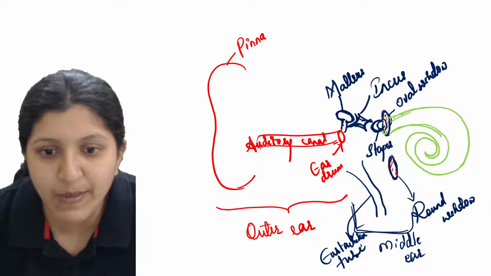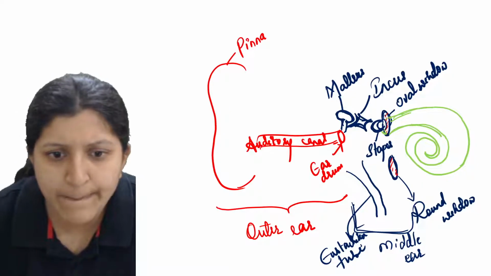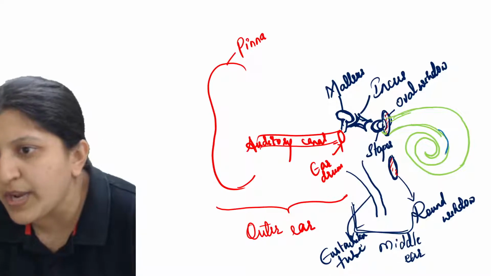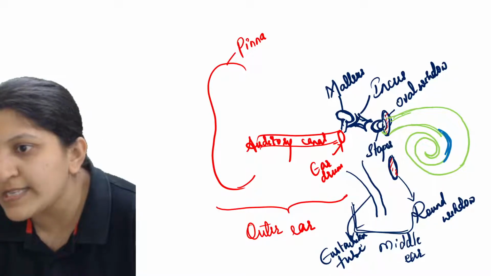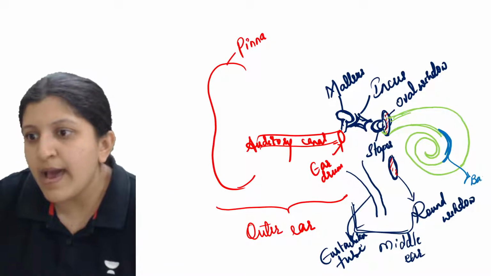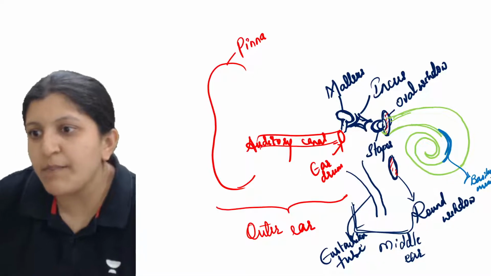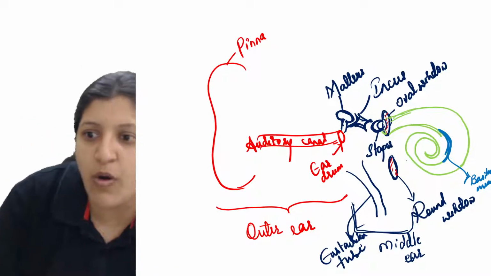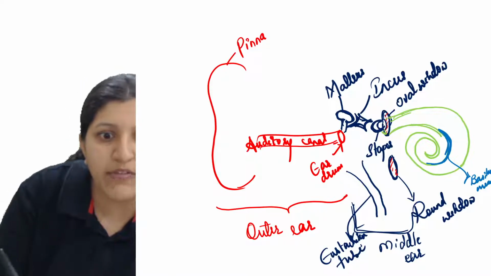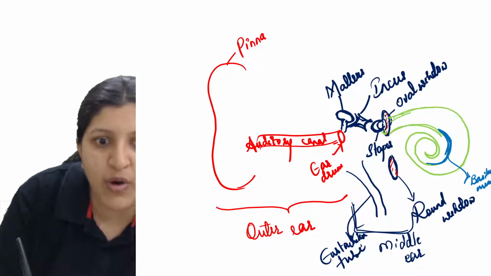So let me just label this. Here it is. Just a second. So here you see this membrane. So this membrane is basically the basilar membrane. Okay, so the basilar membrane is there, and located onto this basilar membrane you can find the organ of Corti.